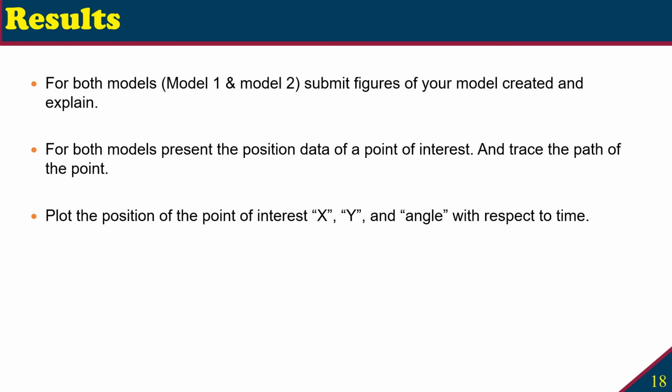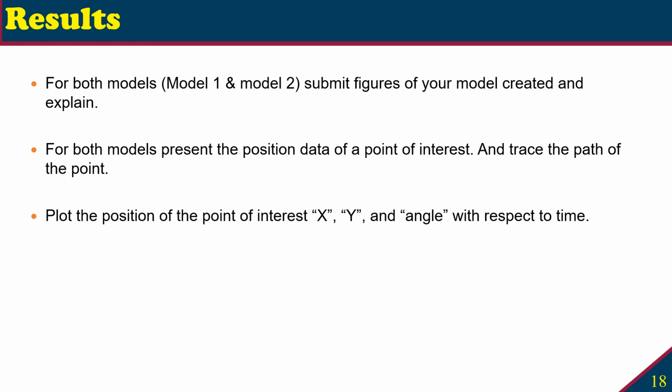So once you have finished both models, the next question is what will be in our result. So for both models, model 1 and 2, submit the figures of your model that you have created and explain the step by step for model 1 and 2 in your own words.